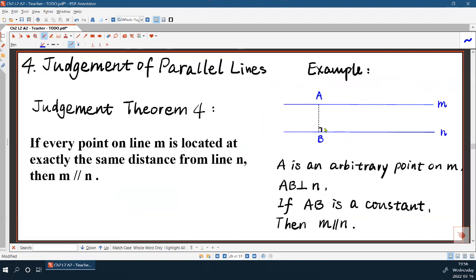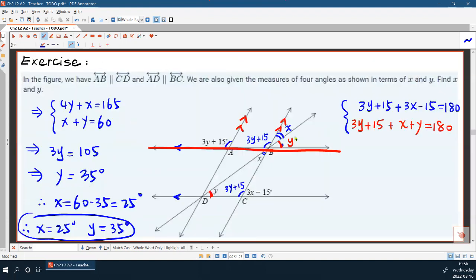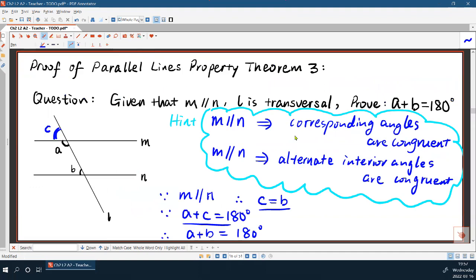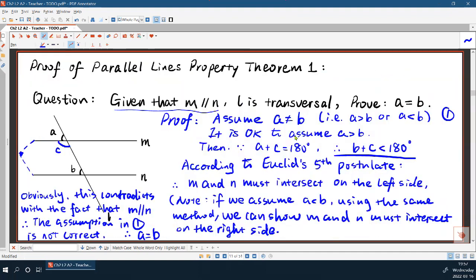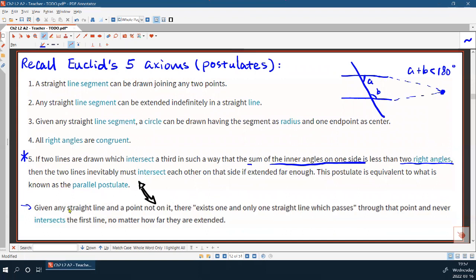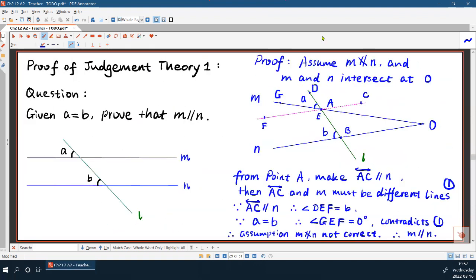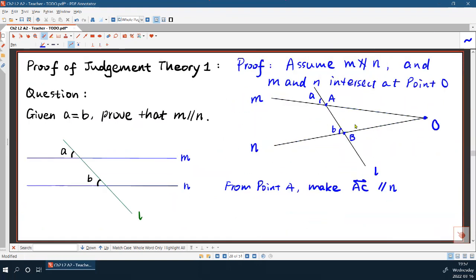Because according to the fifth axiom, which states that, given any straight line and a point not on it, there exists one and only one straight line which passes through that point and never intersects the first line, no matter how far they are extended. That means we can definitely make a line that is parallel to line N, right?